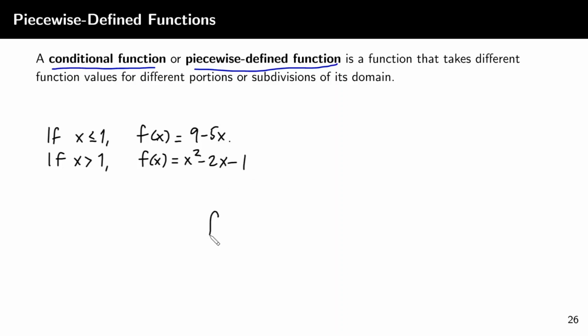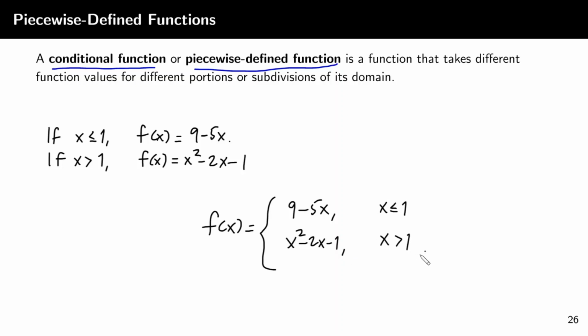So I'm going to write the function this way. f of x is equal to, and then malaking brace: 9 minus 5x when x is less than or equal to 1, and then x squared minus 2x minus 1 when x is greater than 1.